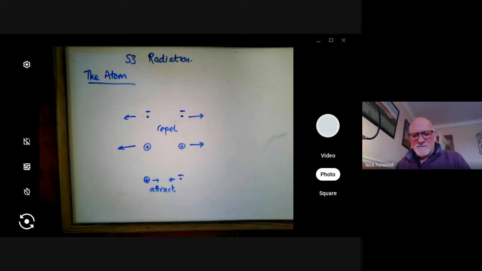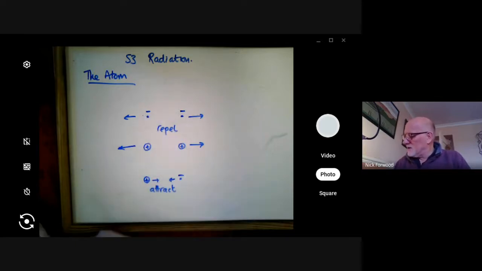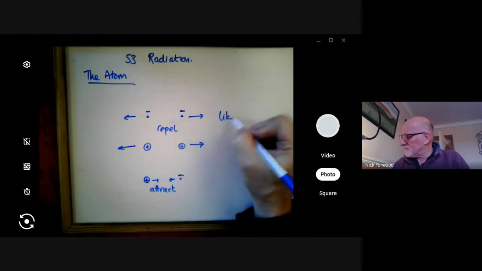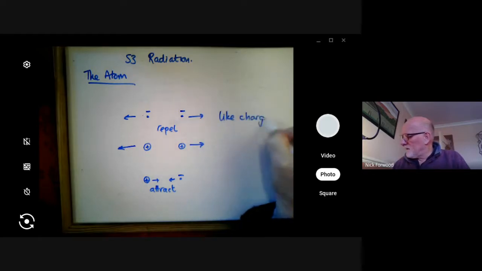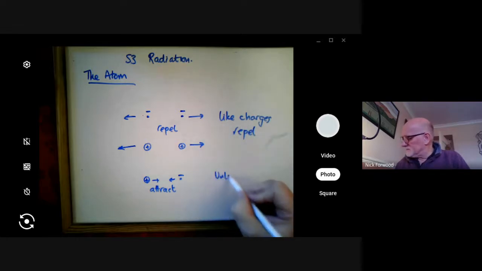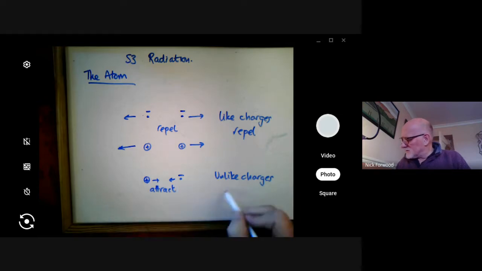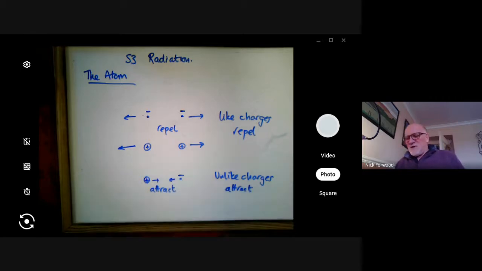So what we have is a little saying, that like charges, two that are both alike, repel, and unlike charges, and that's a positive and a negative, they will attract. Unlike charges attract, providing they're just sitting still and they're not in orbit. Otherwise, our atoms would all collapse and we wouldn't be here 4.3 billion years later.